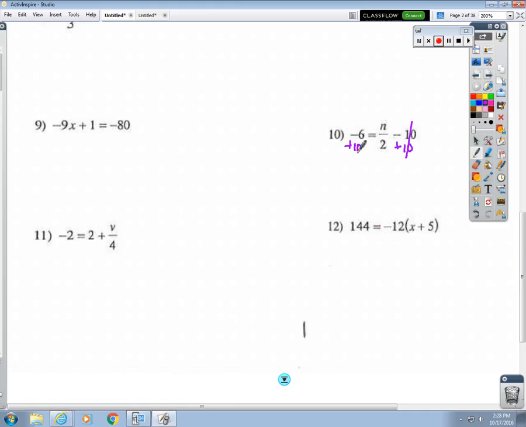Okay, then what does this become? Type it in. Samantha, type in negative 6 plus 10. Yeah, type it in.